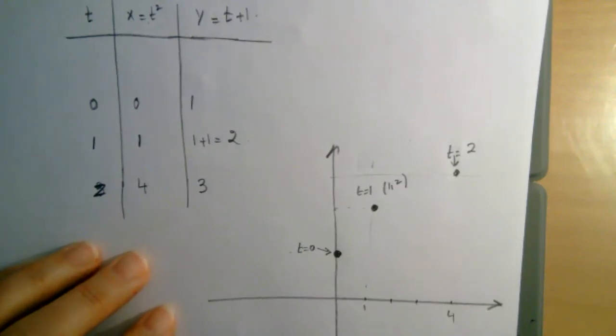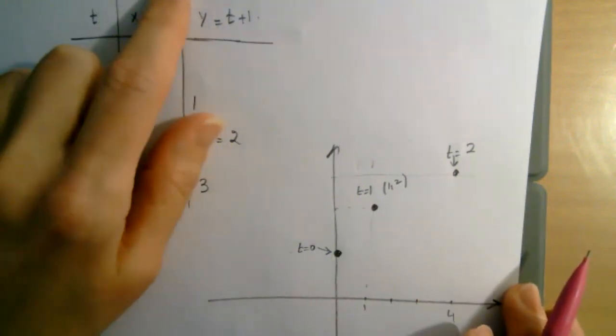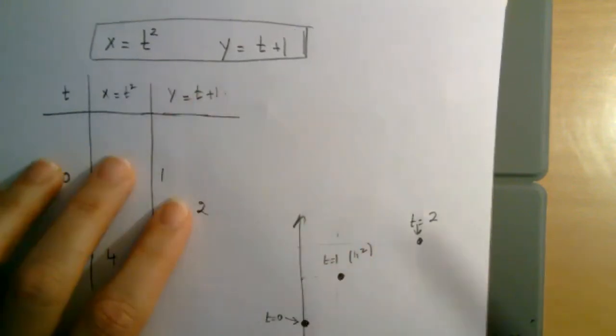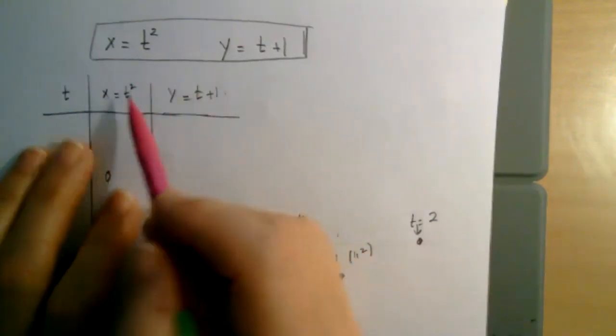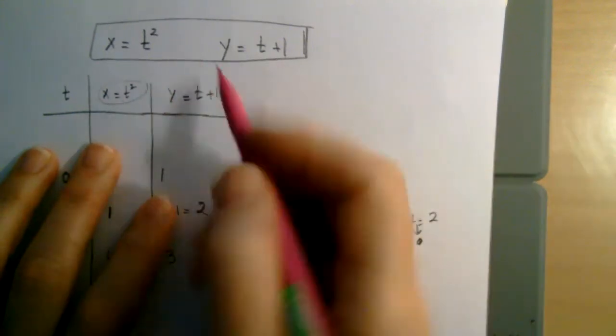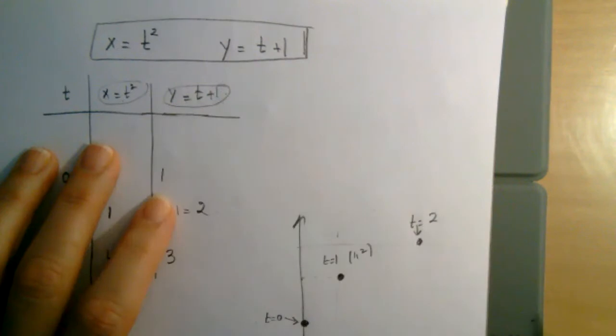Now a very simple question. Intuitively, assume t positive. As t increases, obviously the x coordinate is going to increase and the y coordinate increases.